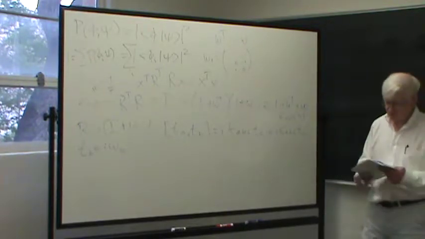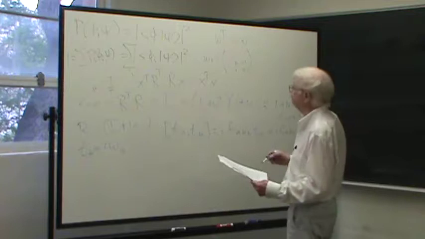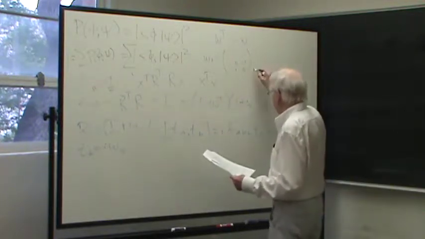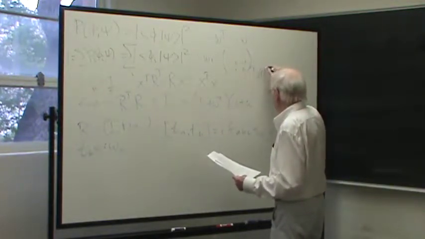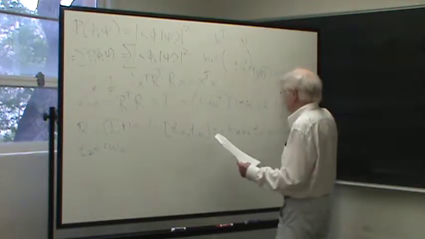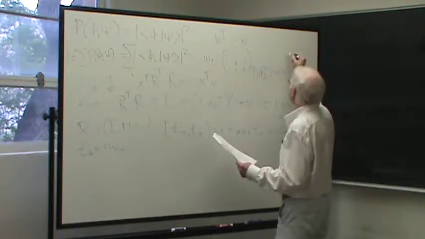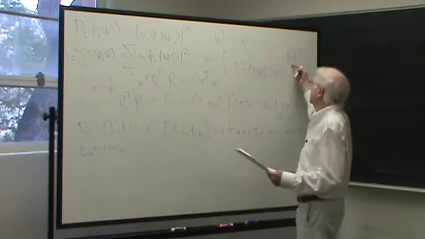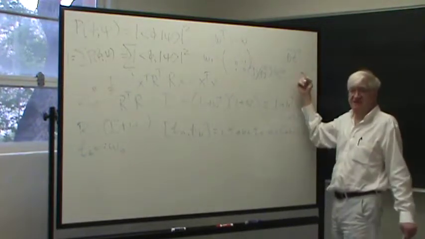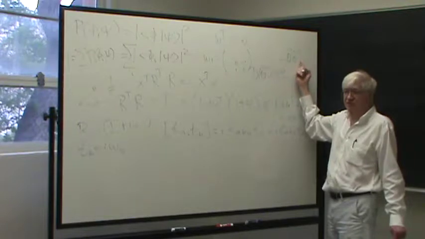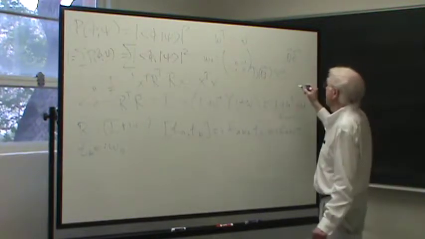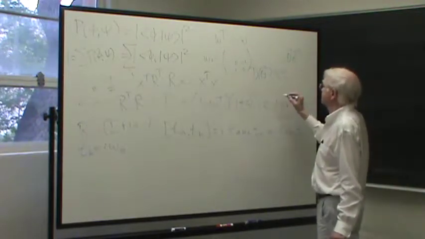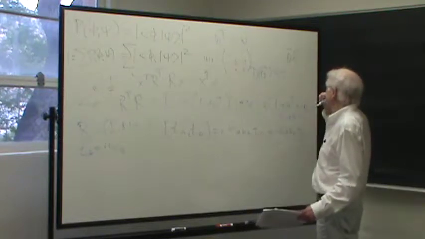So this is what represents rotations. A rotation is then e to the minus i theta dot t. There are 3 t's, so we can think of a vector of 3 by 3 matrices.